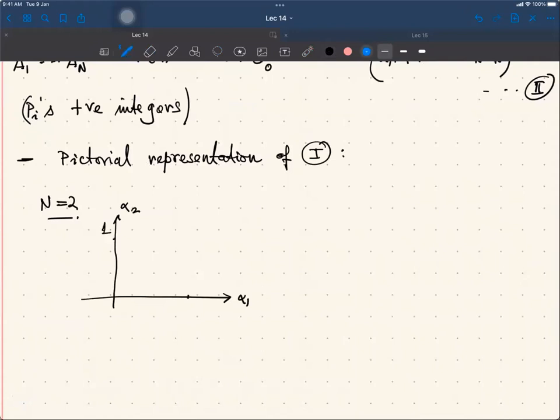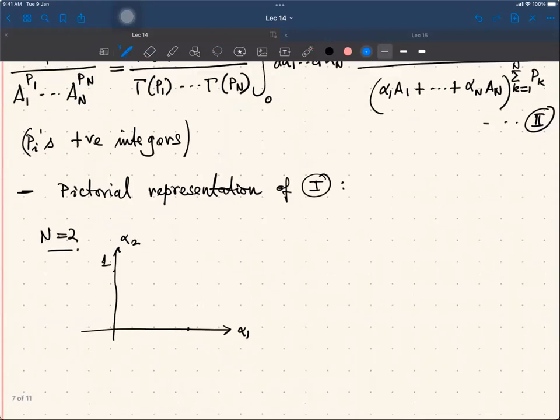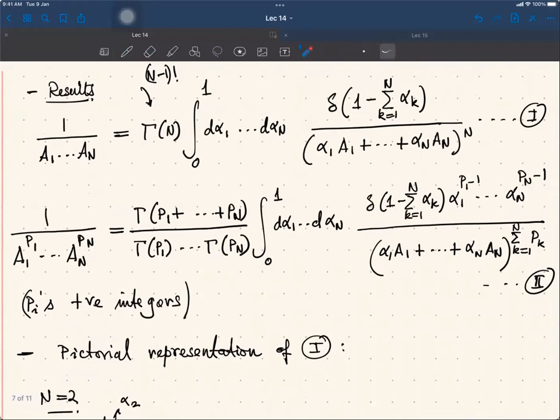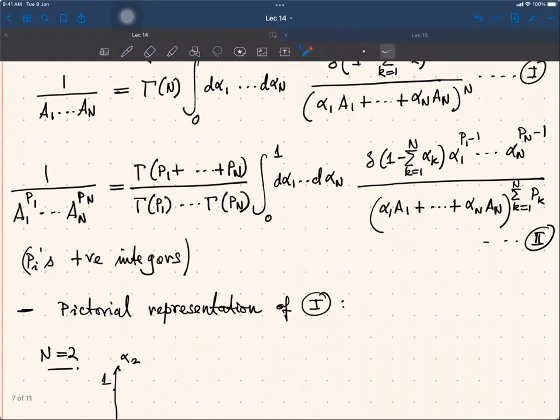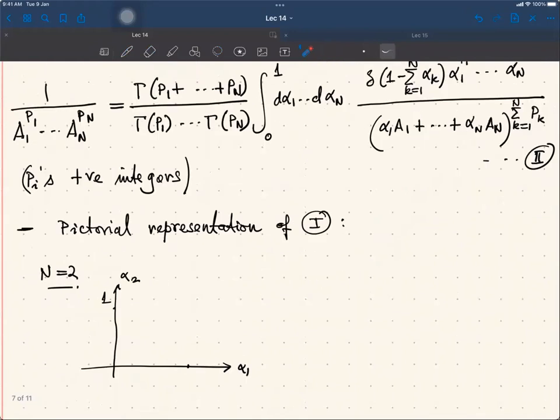Because of this delta function, alpha 1 plus alpha 2 must be the same as 1. So alpha 1 plus alpha 2 must be 1. So that is a condition. So the alpha 1 plus alpha 2 equal to 1 line, a straight line, is this one.